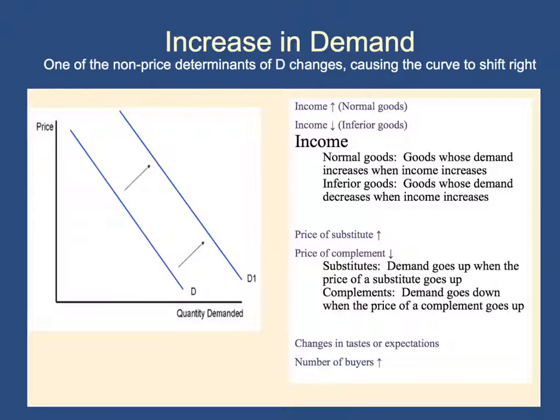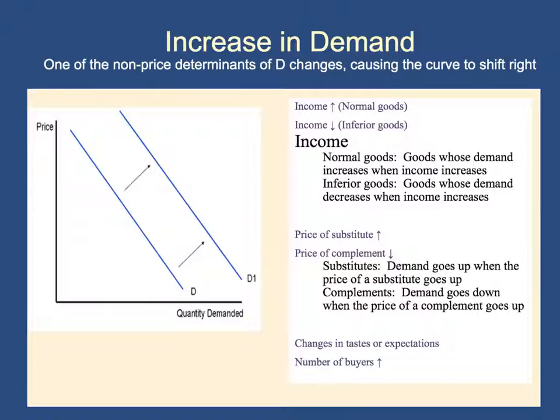Now, if you have a positive change in tastes or preferences for a good, the demand curve for that good is going to shift right because you're going to demand more of it because you like it more. Now, if the expectations about the future become better, for example, you're thinking that you're going to become wealthier, right now you're going to demand more product for a certain good.